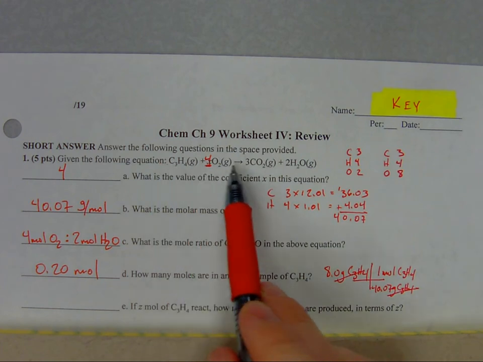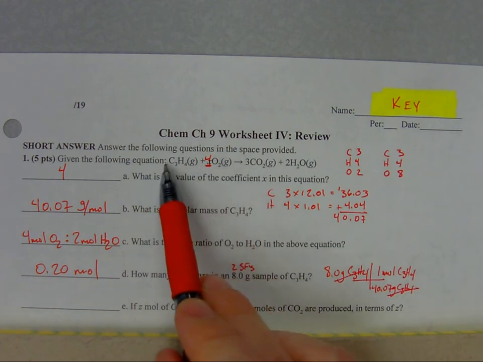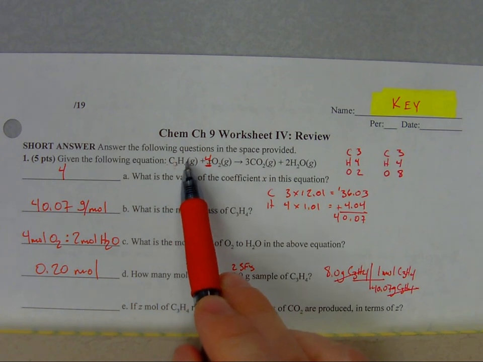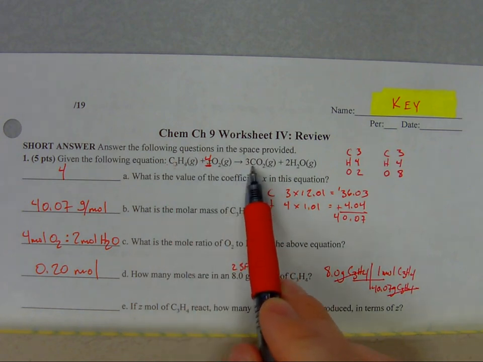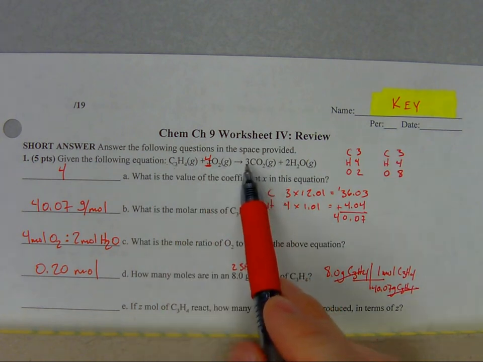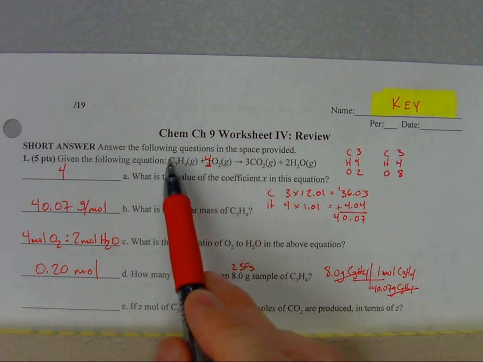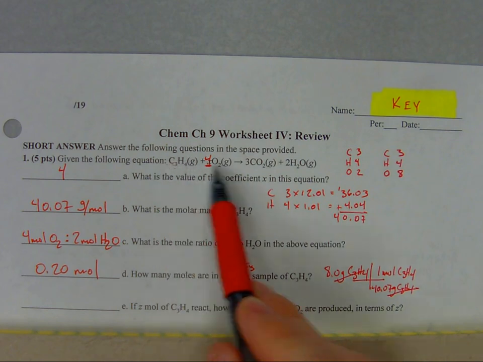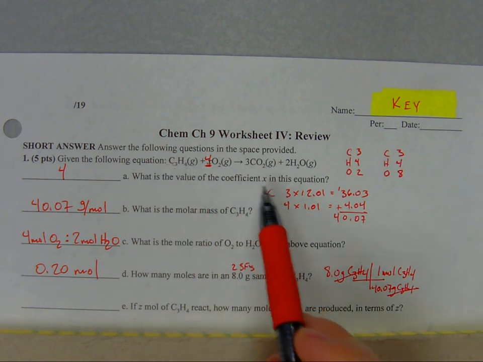It's a 1 to 3 ratio. You guys see that? It's a 1 to 3 ratio. For every 1 mole of C3H4 that reacts, we get 3 moles of CO2. If 2 moles of this reacted, we would get 6 moles of CO2. If 3 moles of this hydrocarbon reacted, we'd get 9 moles of CO2.